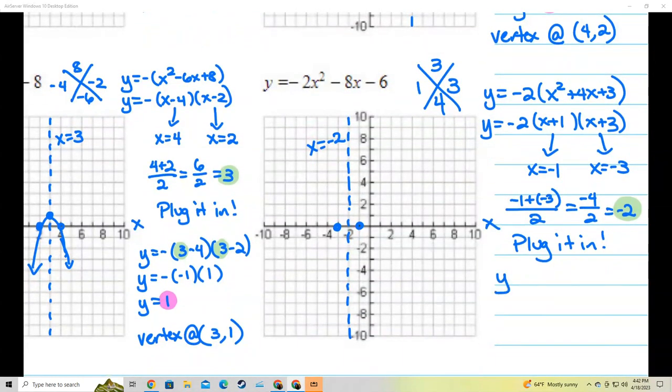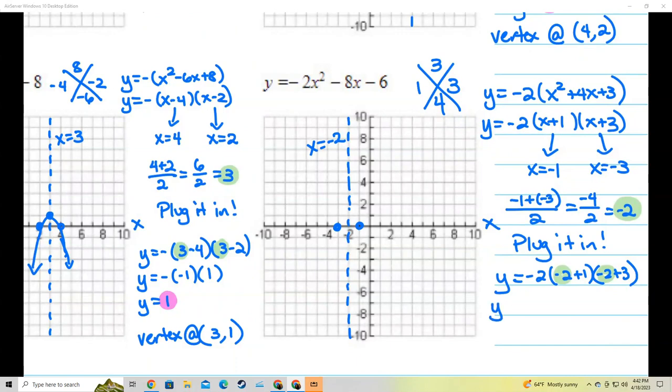My x is going to get replaced with that negative 2. So let me write down that equation. That's going to be y equals negative 2 times parentheses my x, which is a negative 2 plus 1, and then negative 2 plus 3. That's me substituting my x into that equation. Now I just got to solve.